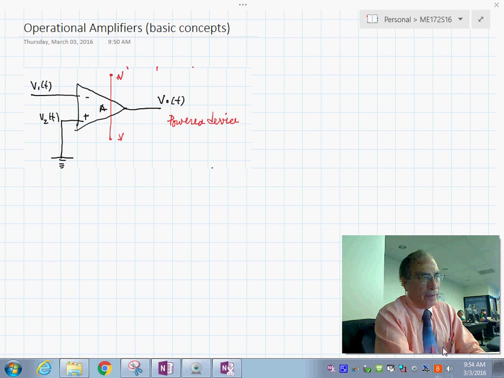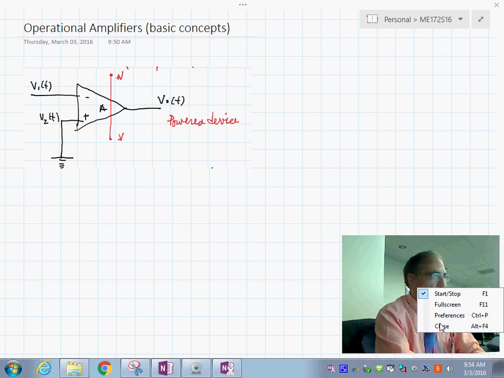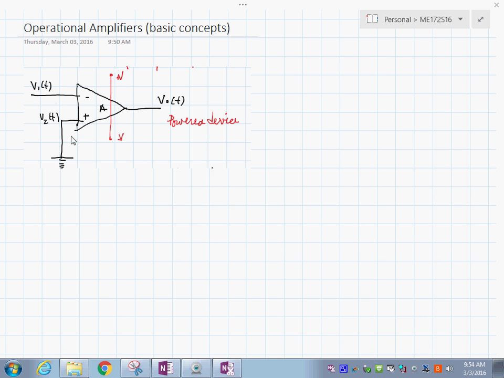So we have this symbol in here. And the question is, what does this operational amplifier actually do?